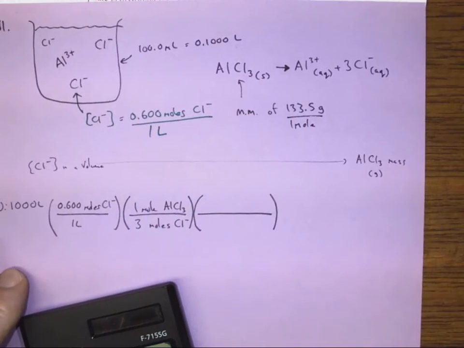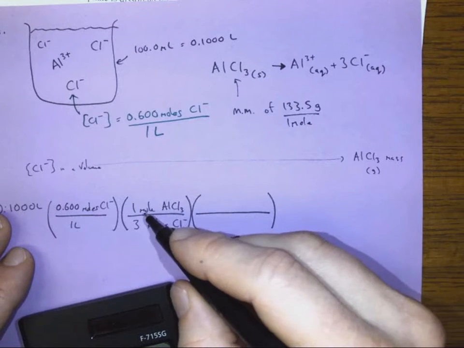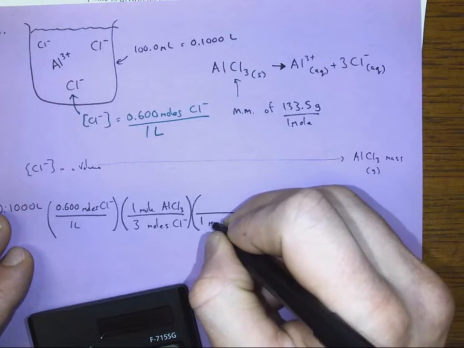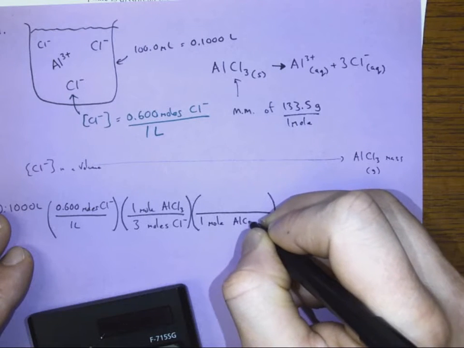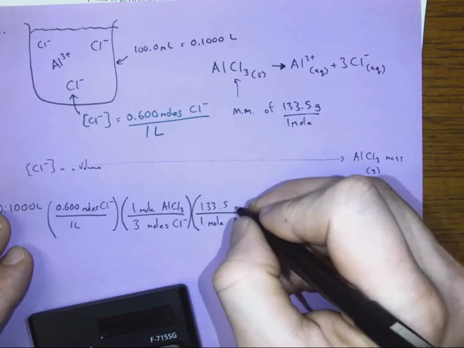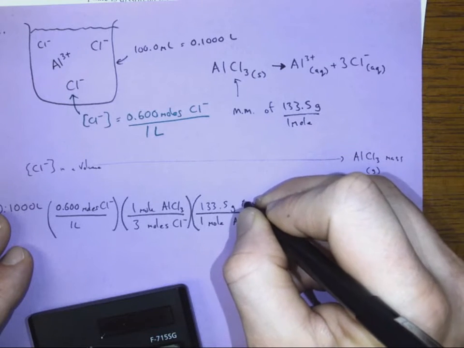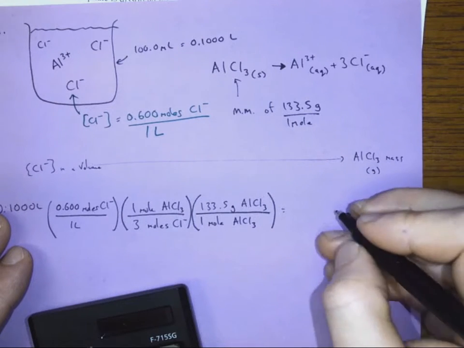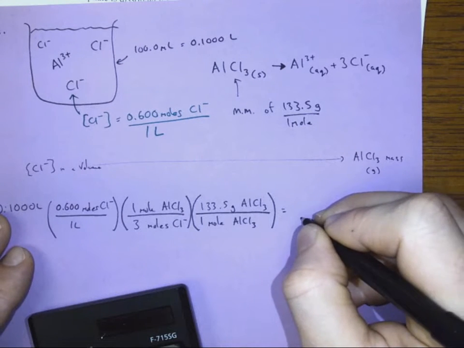And so if I want to convert the moles of this to grams, I could say 1 mole of AlCl3 is equal to 133.5 grams of AlCl3. And that tells me now the mass we must have had to weigh out.